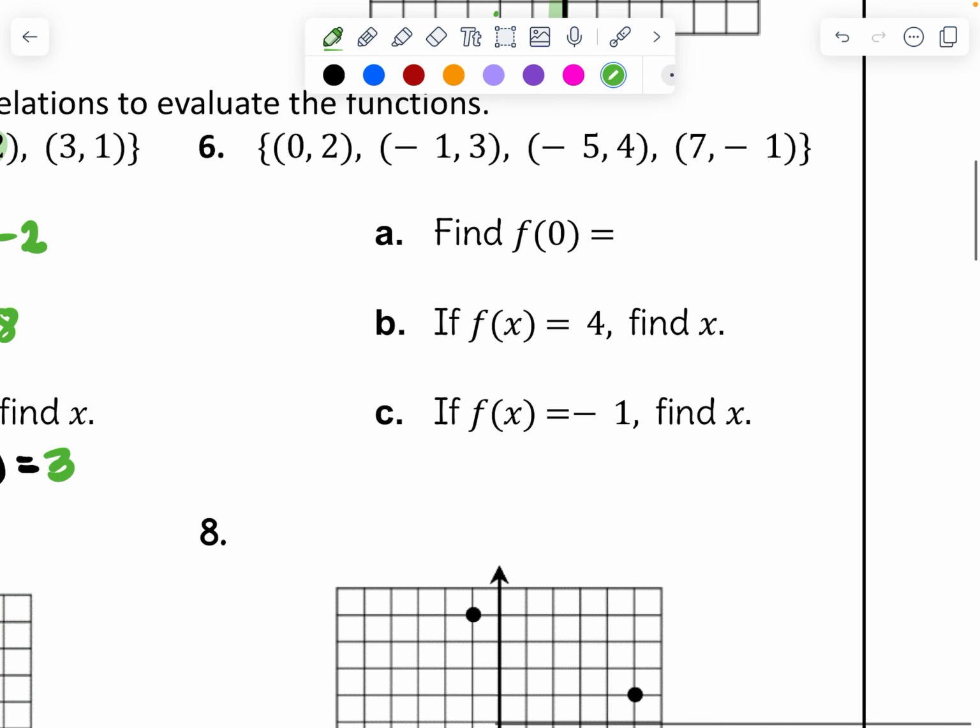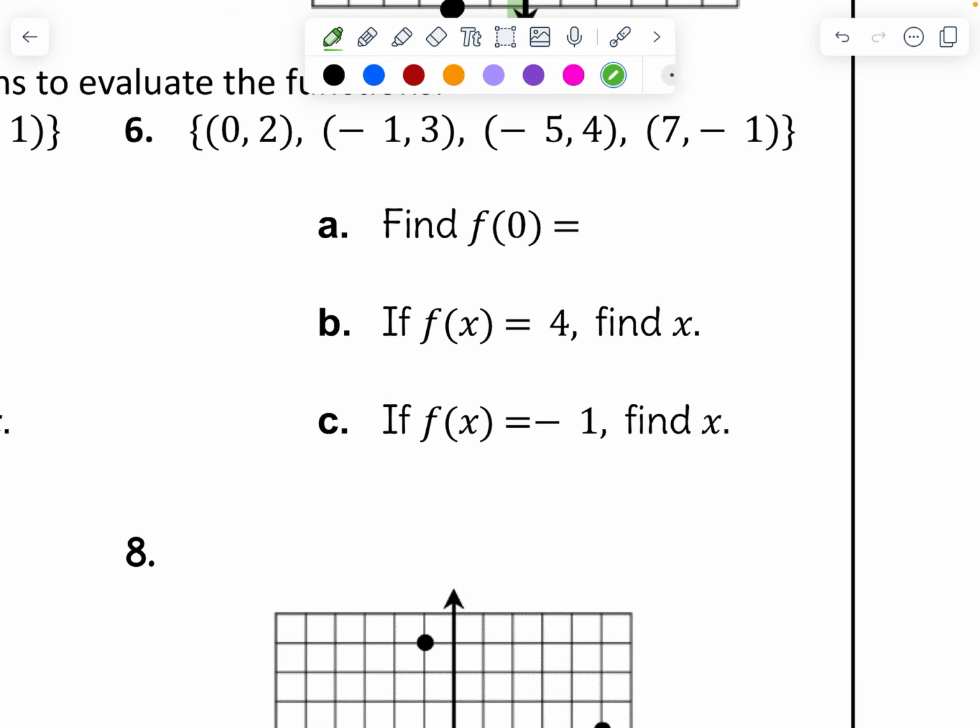Let's look at the second set of ordered pairs. In this function, find f of 0. So when the input is 0, the output is 2. So f of 0 equals 2. If f of x equals 4, we need to find where the output is 4. The input is negative 5.